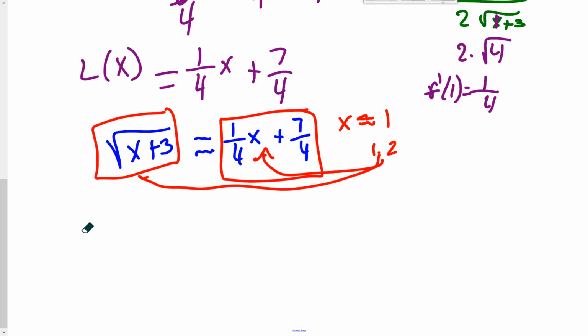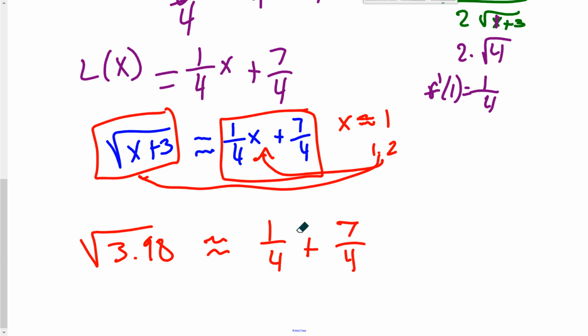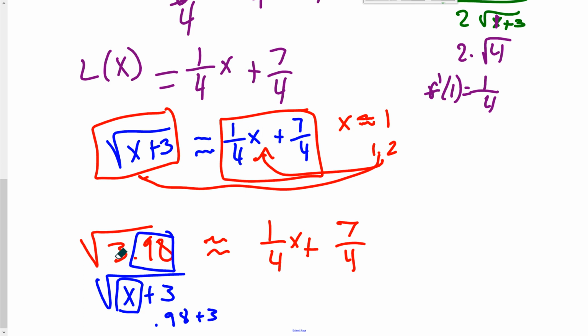So they gave us these values, square root of 3.98. So let's approximate it using this formula, 1/4 times x plus 7/4. So I've got to plug in my x here. This is x plus 3, so my x would be just the 0.98, because 0.98 plus 3 is 3.98.